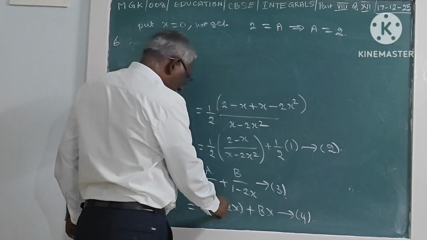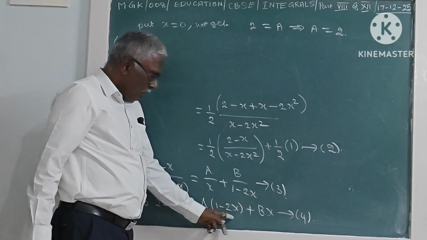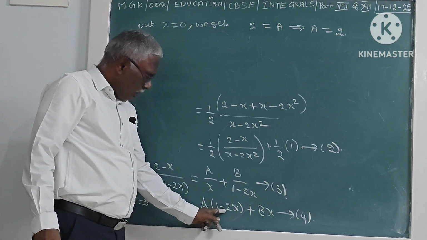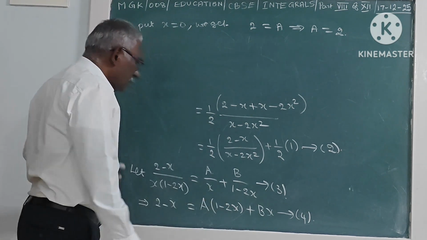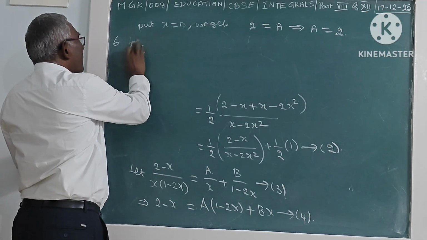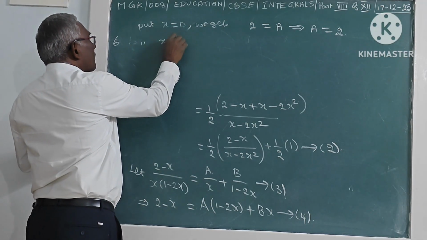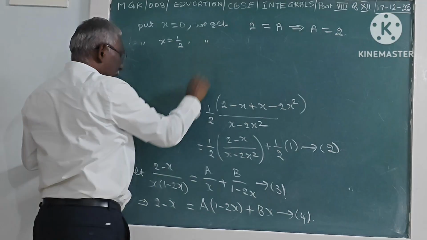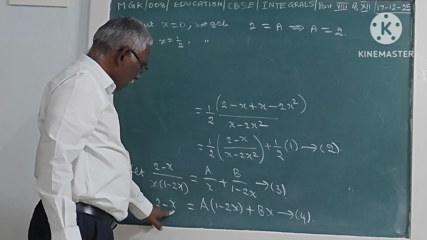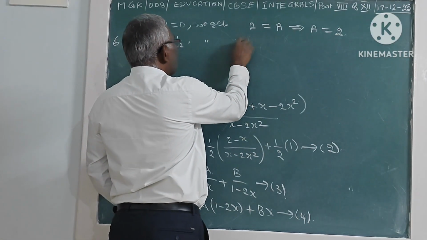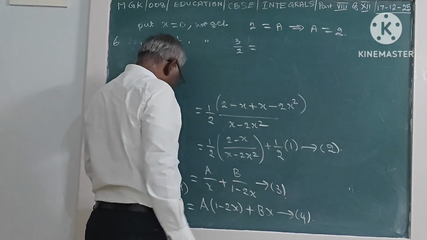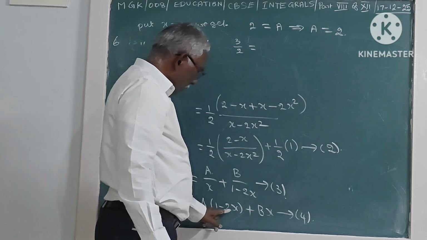Put x is half, 2x becomes 1. So put x is half, we get 2 minus half will be 3 by 2 is equal to half.